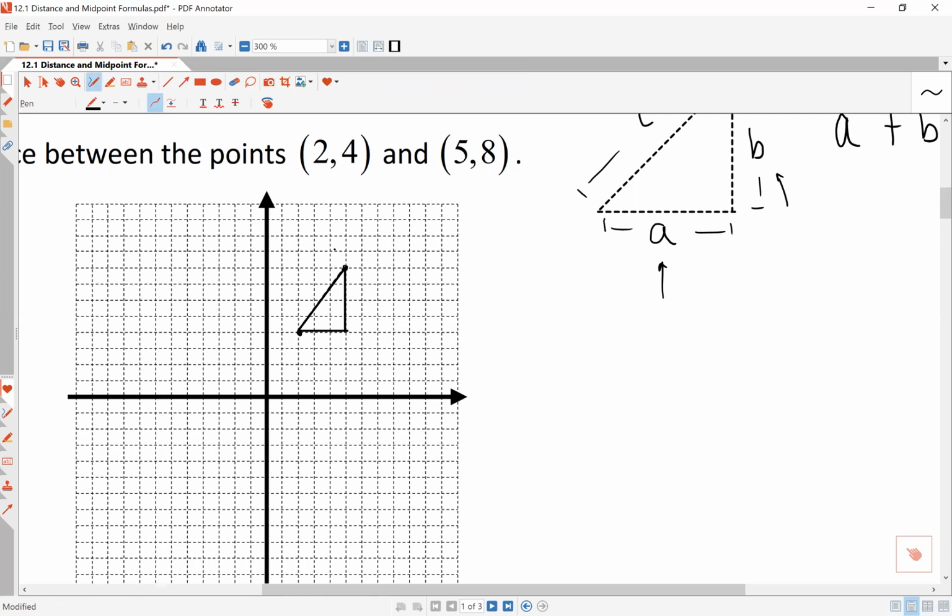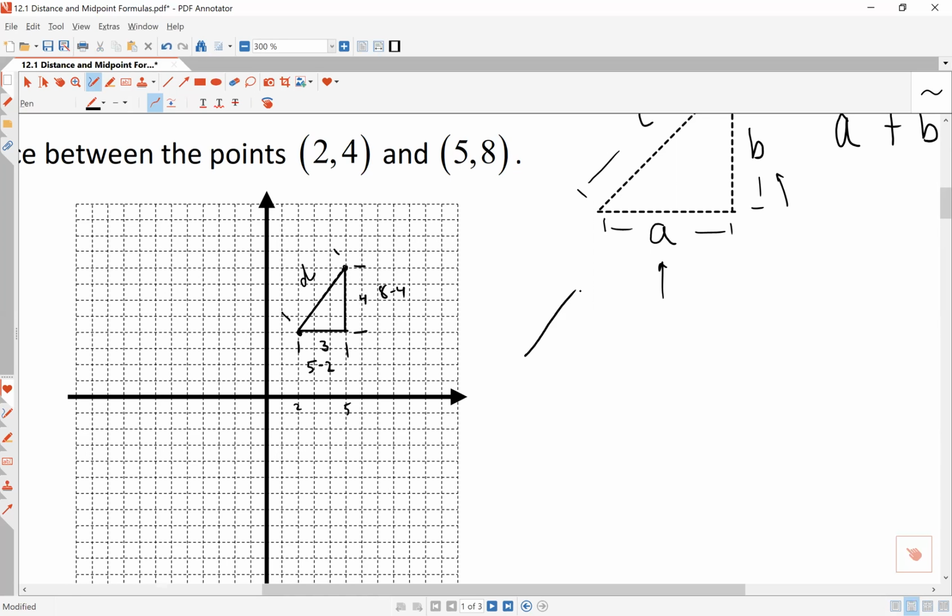To find the distance between these 2 points, we call it D for distance. We need to know the lengths of its 2 legs, and we see from 2 to 5, x equals 2 to x equals 5. That's a distance of 3 because it's 5 minus 2. And this distance from 4 to 8 is 8 minus 4, which is 4.